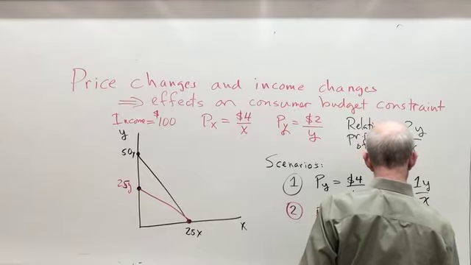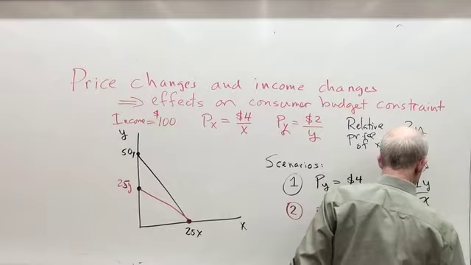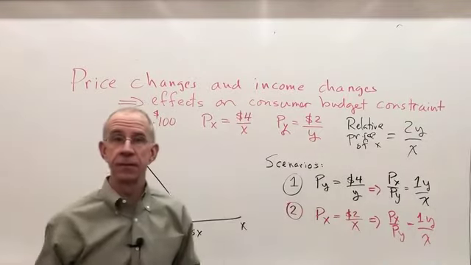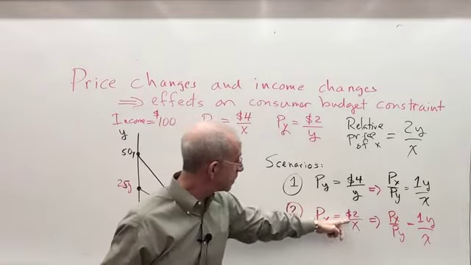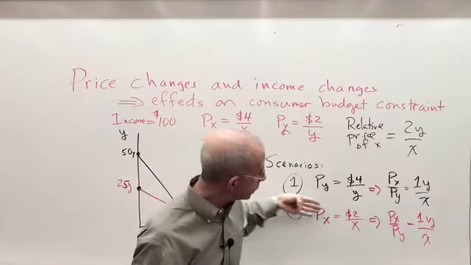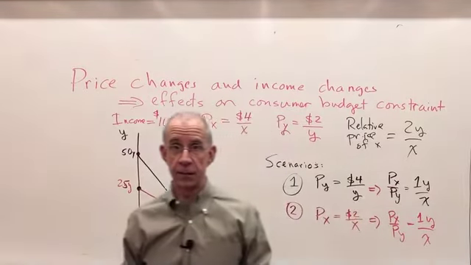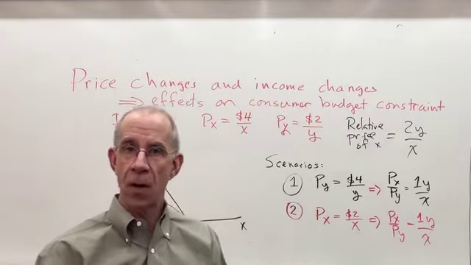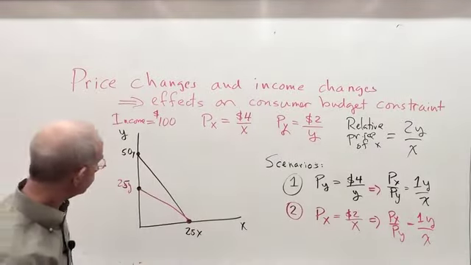Px over Py is, once again, 1Y for every X. The price of X is $2. The price of Y is $2. So the trade-off between Y and X is the same as under the first scenario. But the impact on the budget constraint is very different.